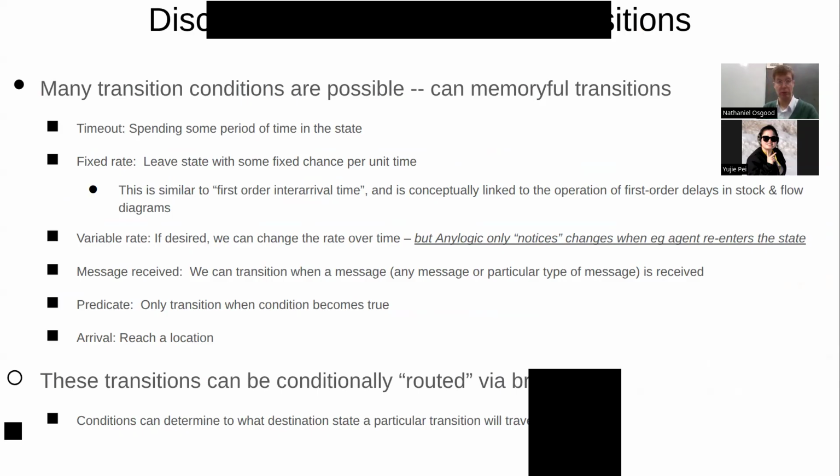Timeout transitions, rate transitions that can be fixed rate, a given rate, a constant and invariant over time rate, or it can be variable, some rate that changes over time, maybe in some pre-specified way, or maybe based on other things in the model.